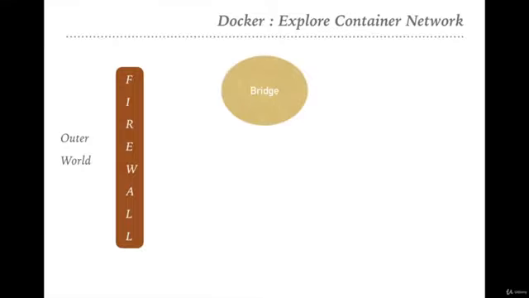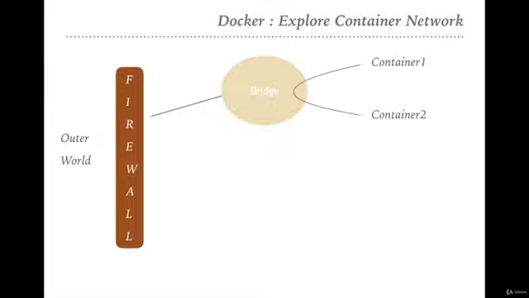Now here we have a bridge, right? On the machine Docker is running, and Docker is using its own network, which is called bridge. This bridge basically communicates with your local host machine, because Docker is running on your machine, and there are containers like container 1 and container 2.